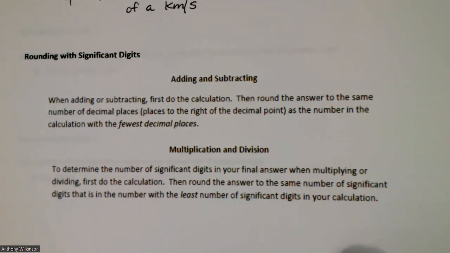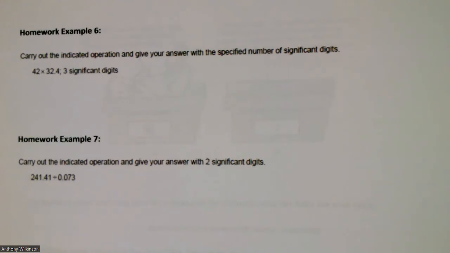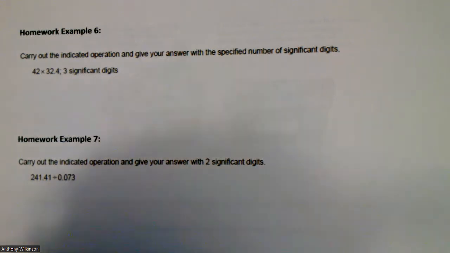Now let's look at these next two examples, example 6 and 7. All right, in this example, you're going to carry out the indicated operation and give your answer with the specified number of significant digits. Here, we got 42 times 32.4, and we want our answer to 3 significant digits.